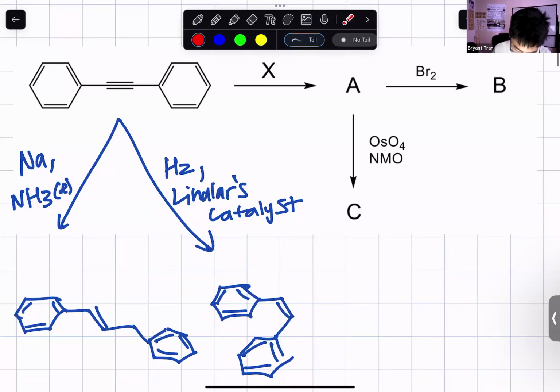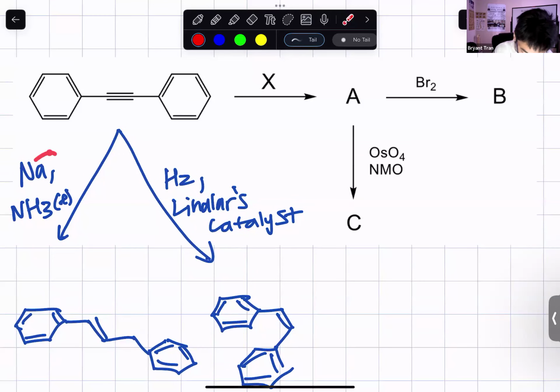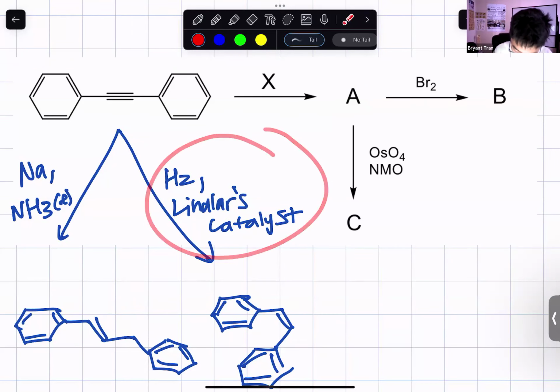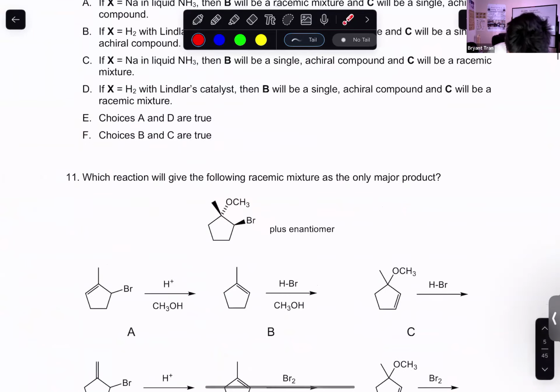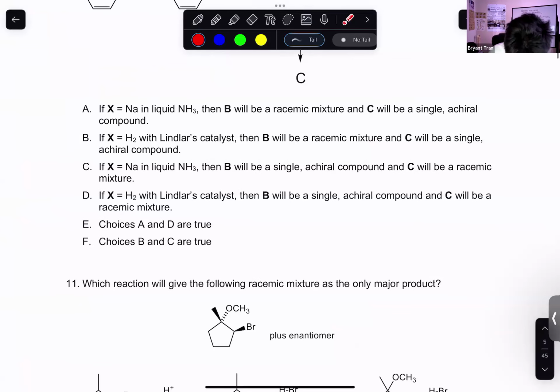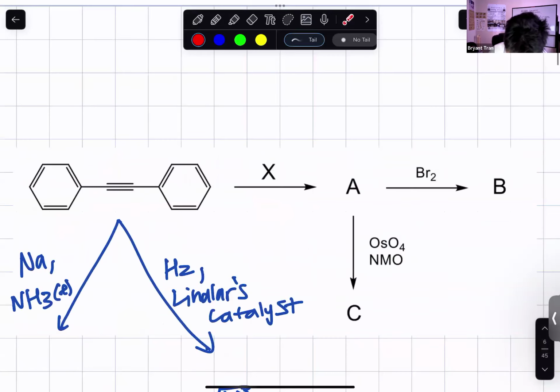So if we used sodium in liquid ammonia, our A would be this trans alkene. If we use H2 with Lindlar's catalyst, our A would be this cis product here. So they're asking what B and C would look like.